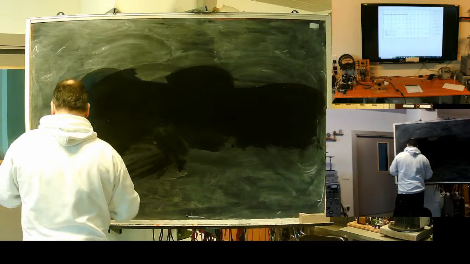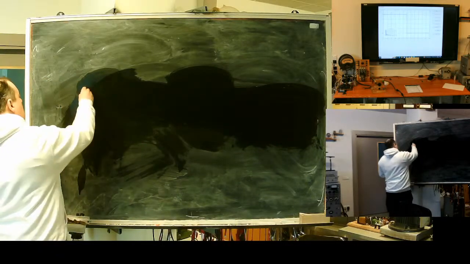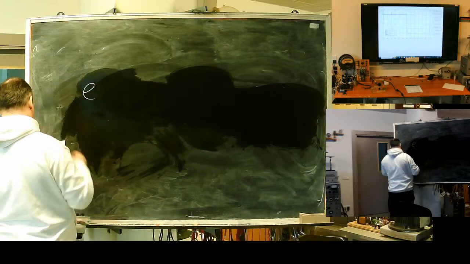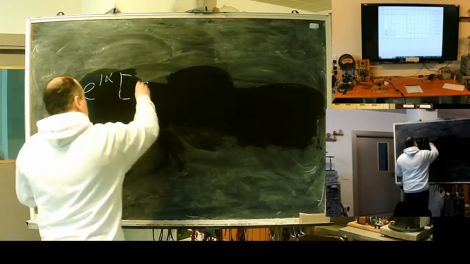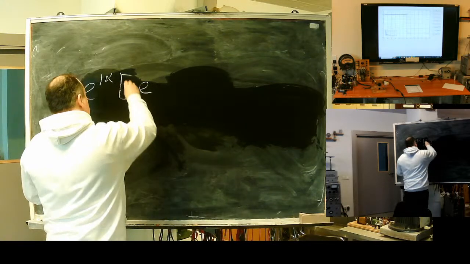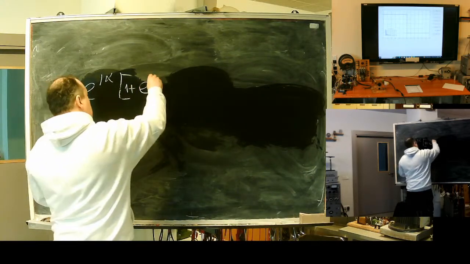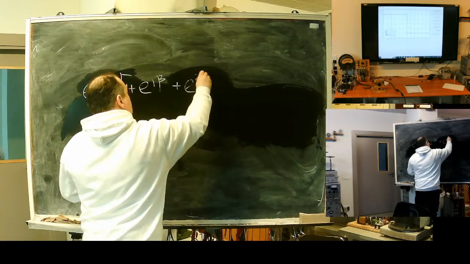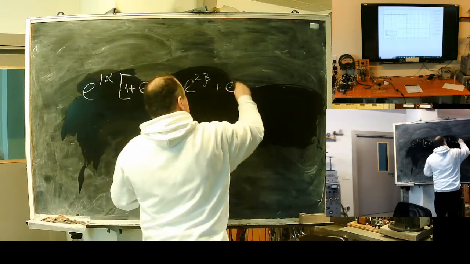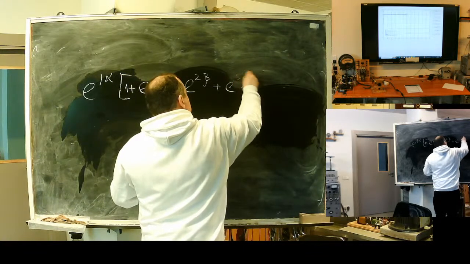There is a progression: e to the power i alpha multiplied by (1 plus e to the power i beta plus e to the power 2i beta plus e to the power 3i beta and so on).